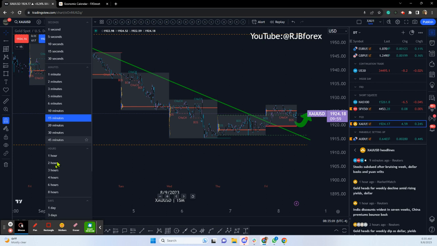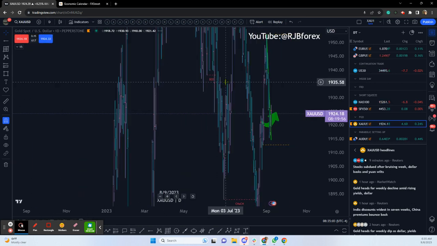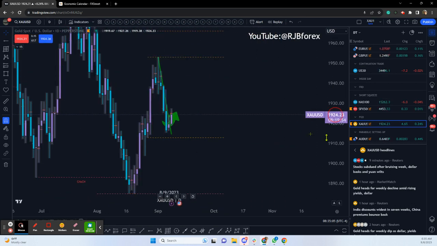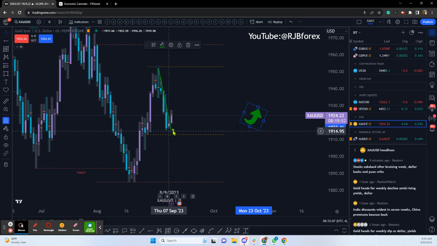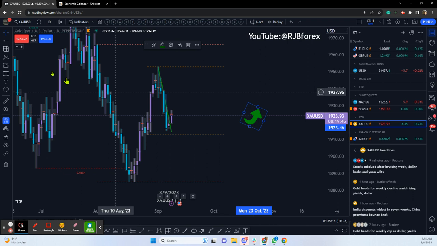So on the daily chart, you're looking for a bullish correction. Yesterday was a bullish close, impulse, bullish close, correction. So we're looking for longs in gold.